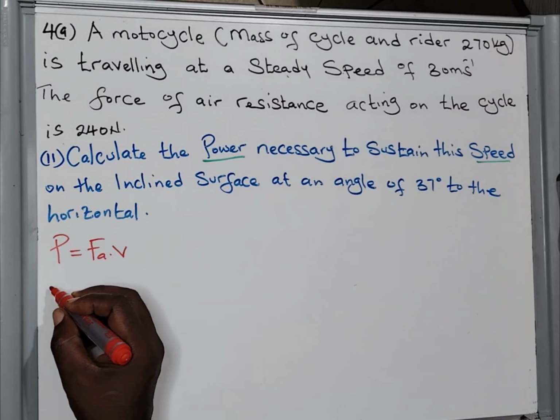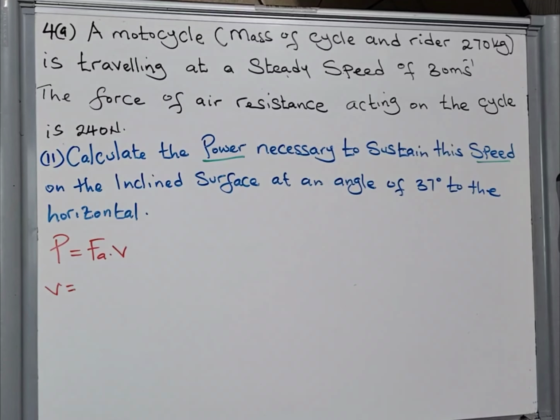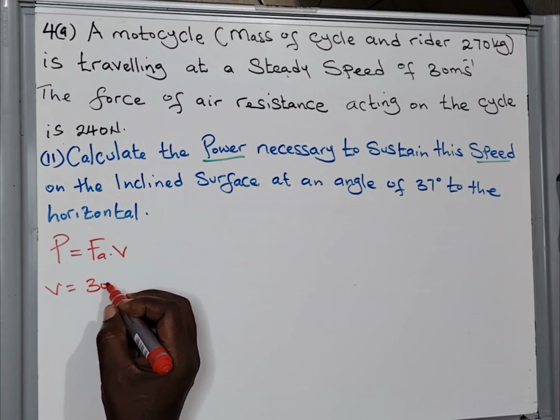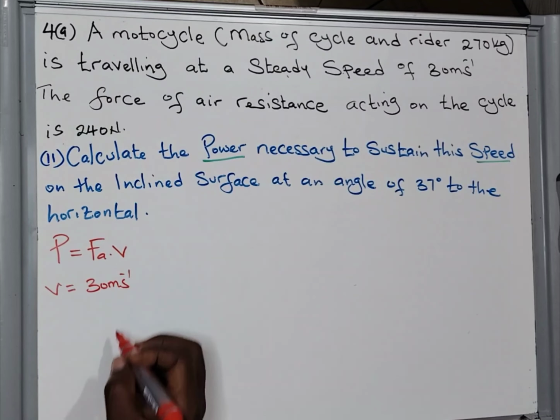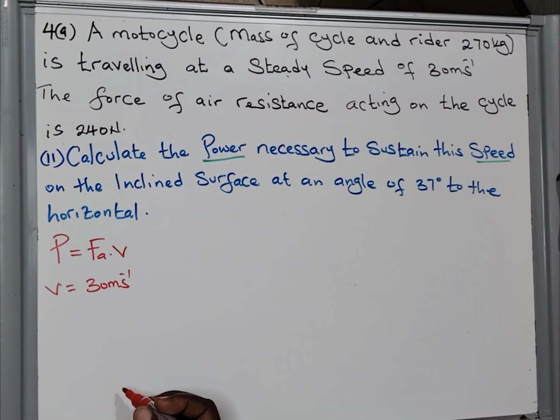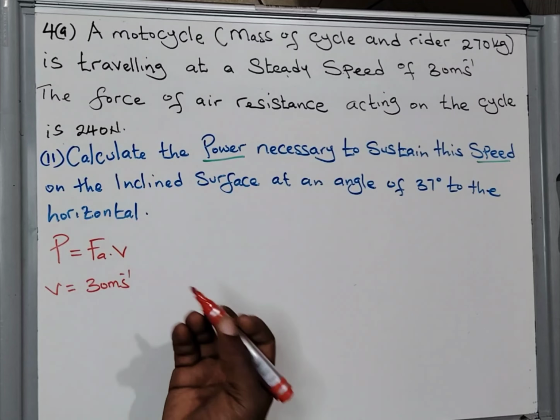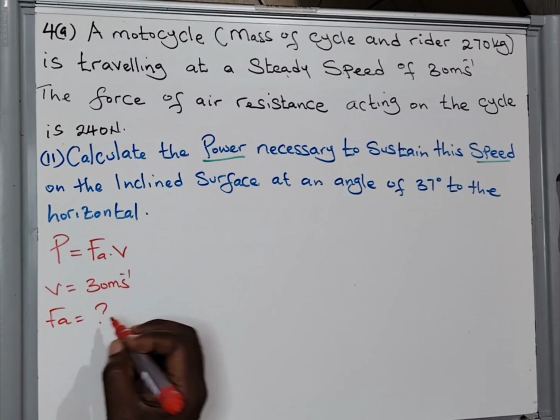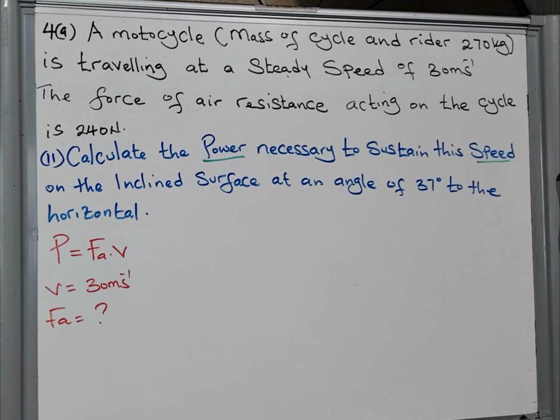Do we know V? Yes. Our V is 30 meters per second. Okay. What else do we know? That's all. We don't know FA. But FA is calculatable.